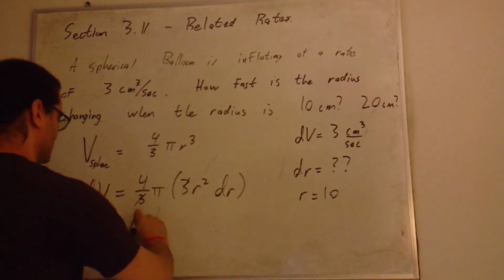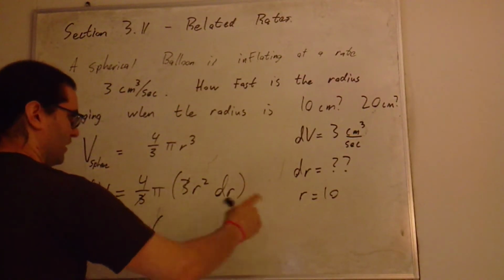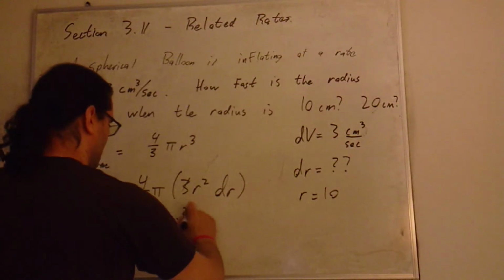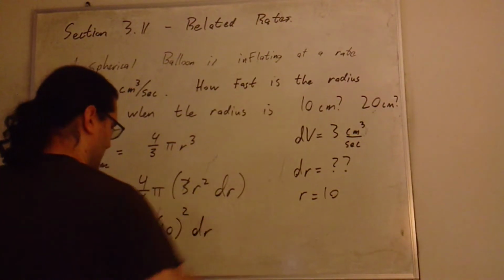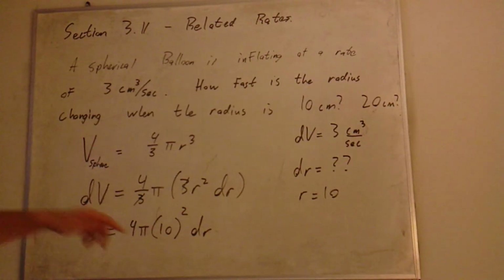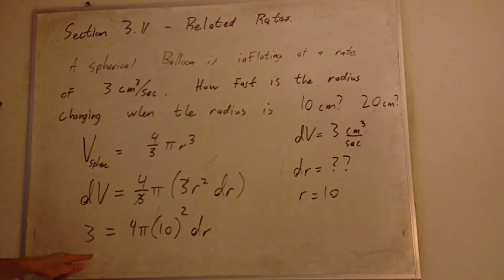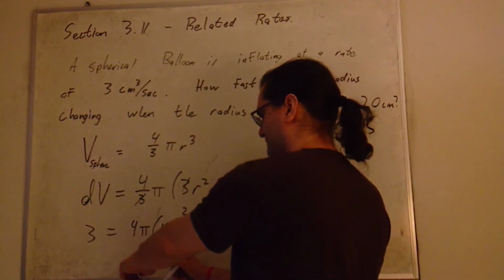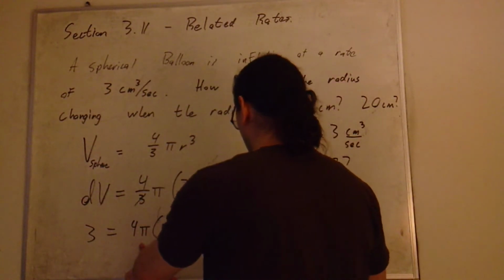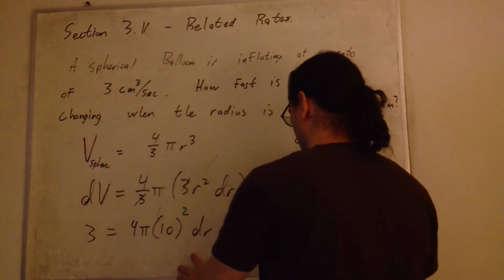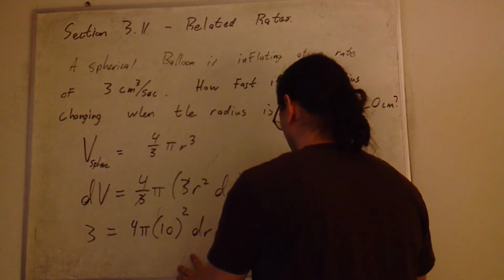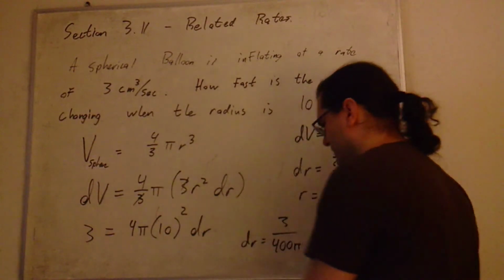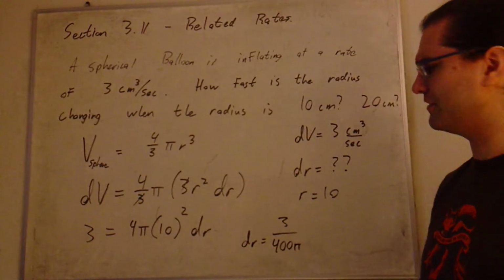These 3's cancel, so 4 pi, r is 10. 10 squared times dr, r is unknown. So this is going to simplify into 400 pi. So dr equals 3 over 400 pi. It's not much. It's a very, very small amount.